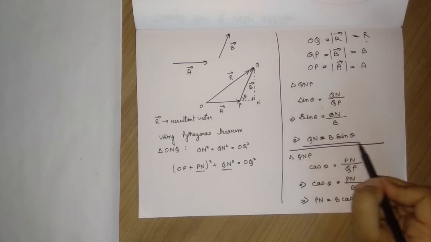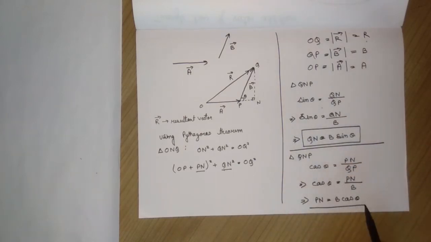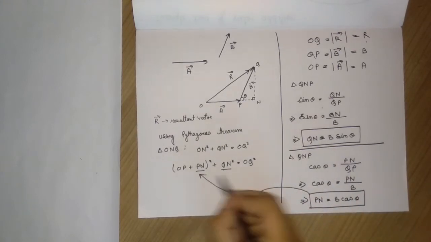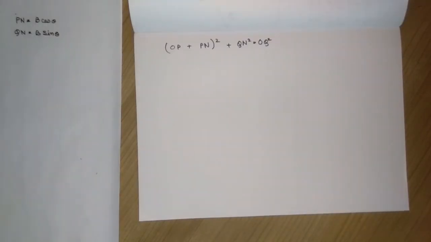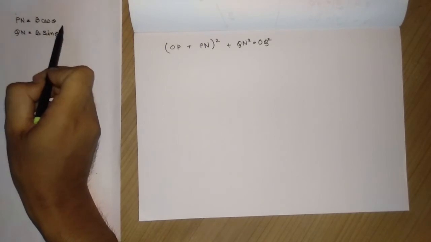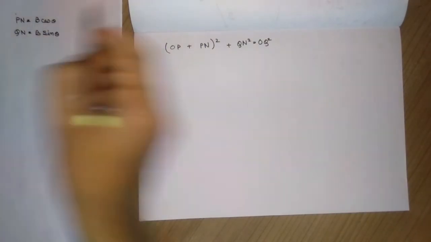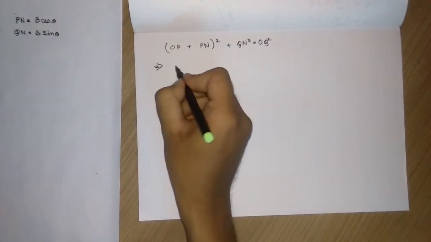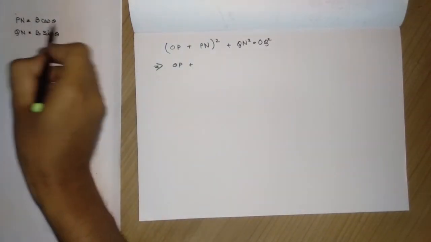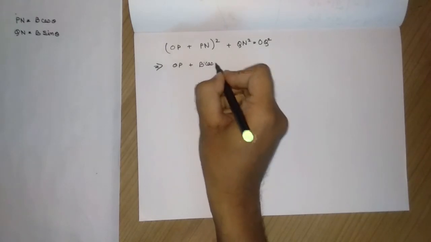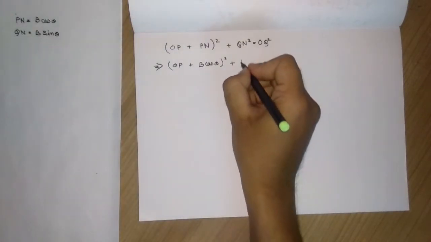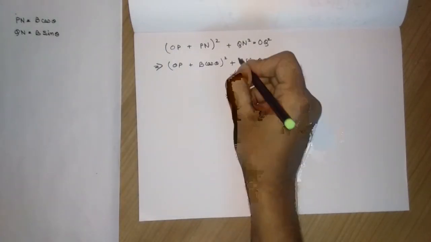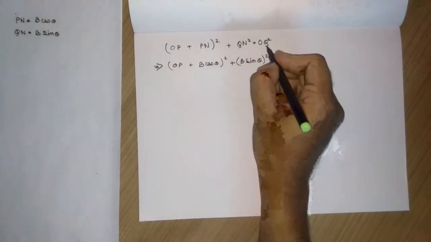So, substituting the value of PN, which is B cos theta, and QN, which is B sin theta, into this equation, we get OP plus B cos theta whole square plus B sin theta whole square, which is equal to OQ square.